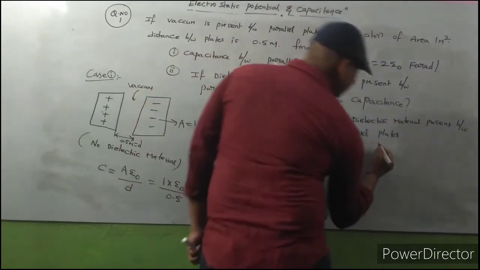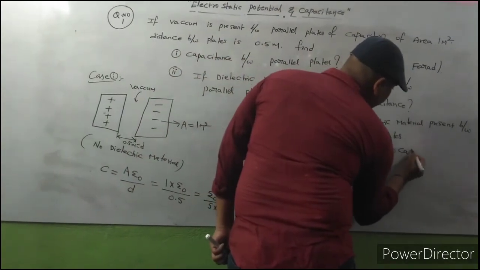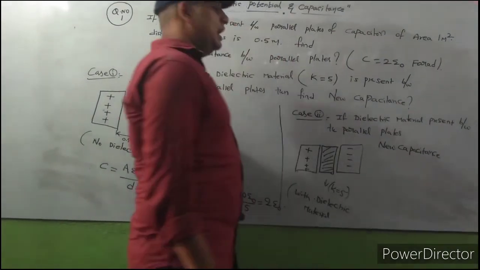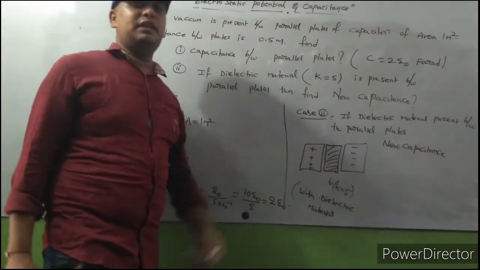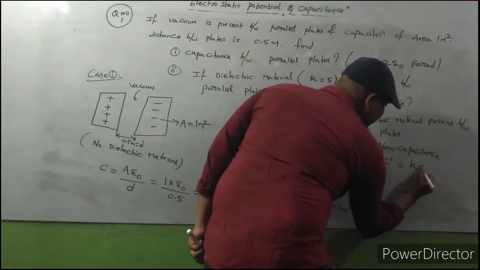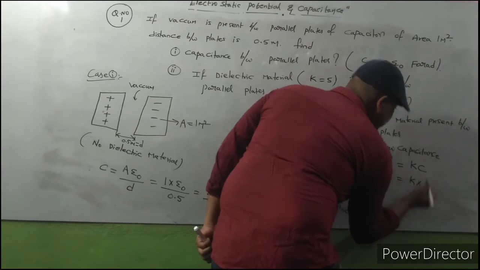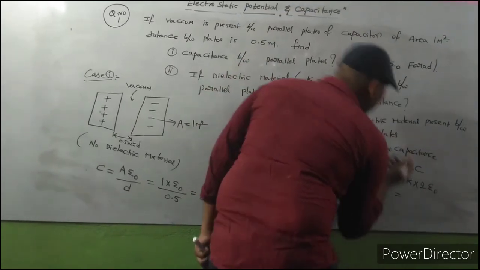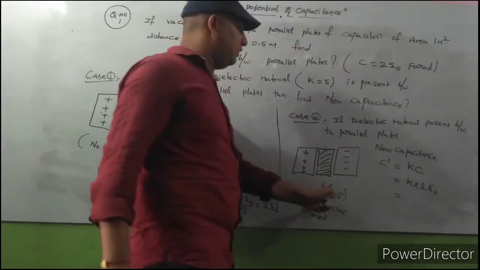Now, what do we need to find? The new capacitance. You know already, whenever a dielectric material is introduced between the parallel plates, the new capacitance becomes K into C. C is already 2 into epsilon naught, and K is given as 5.